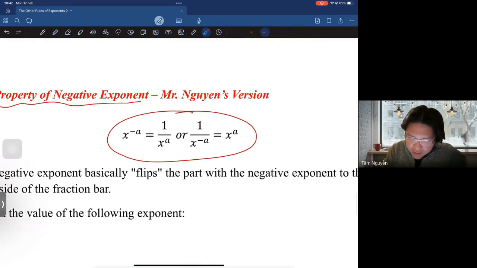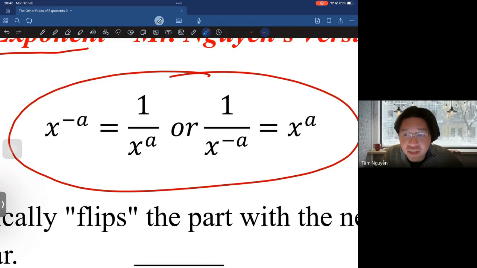You flip it down to the denominator and take away the negative sign.